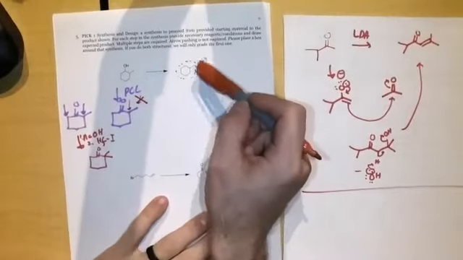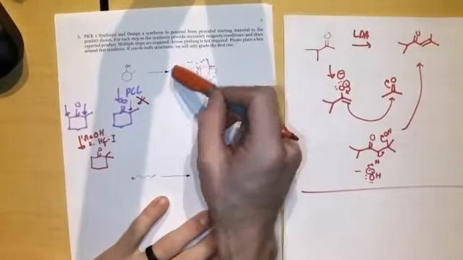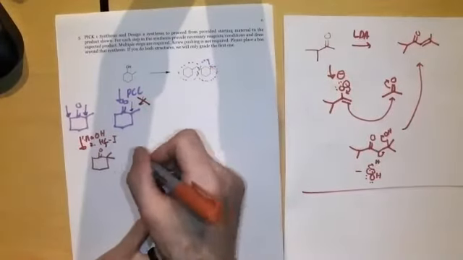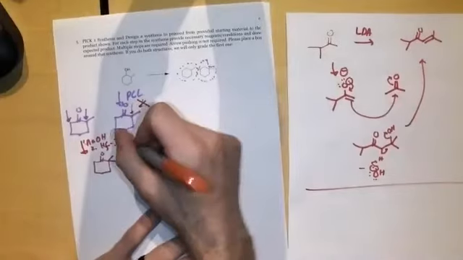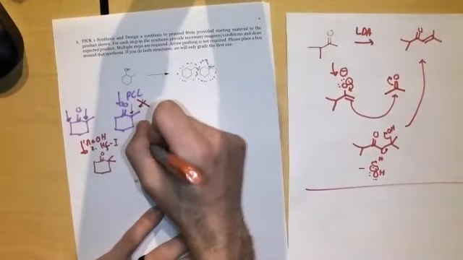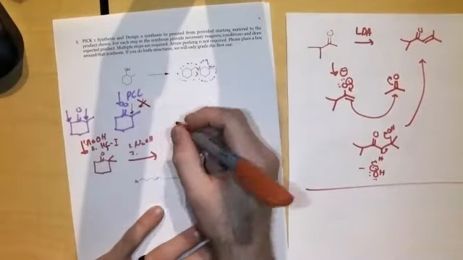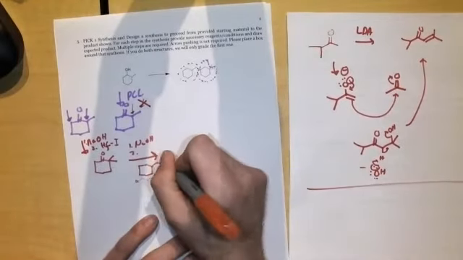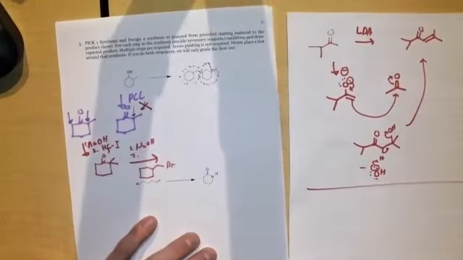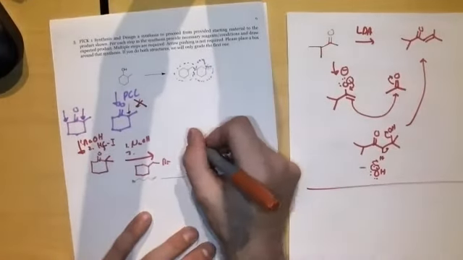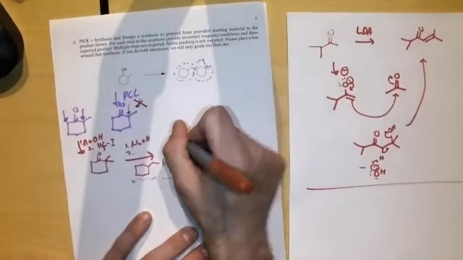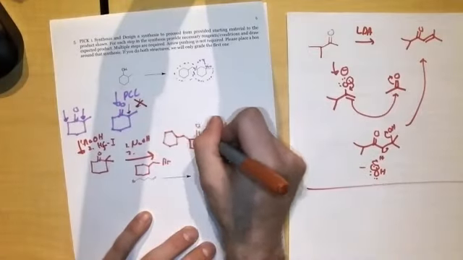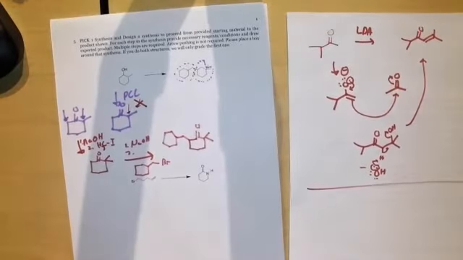We can do basically the exact same reaction to add this other half of it. This is now a quaternary center, so there's no H to pull off. We're gonna have to pull off on the other side. NaOH. Let's see, it's gonna draw down here. Something like this. We've now got our carbon skeleton.